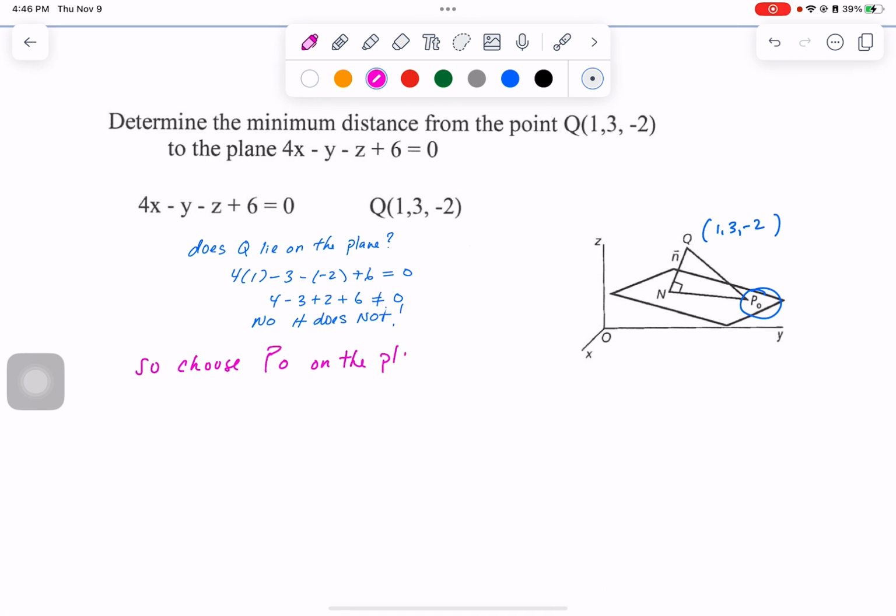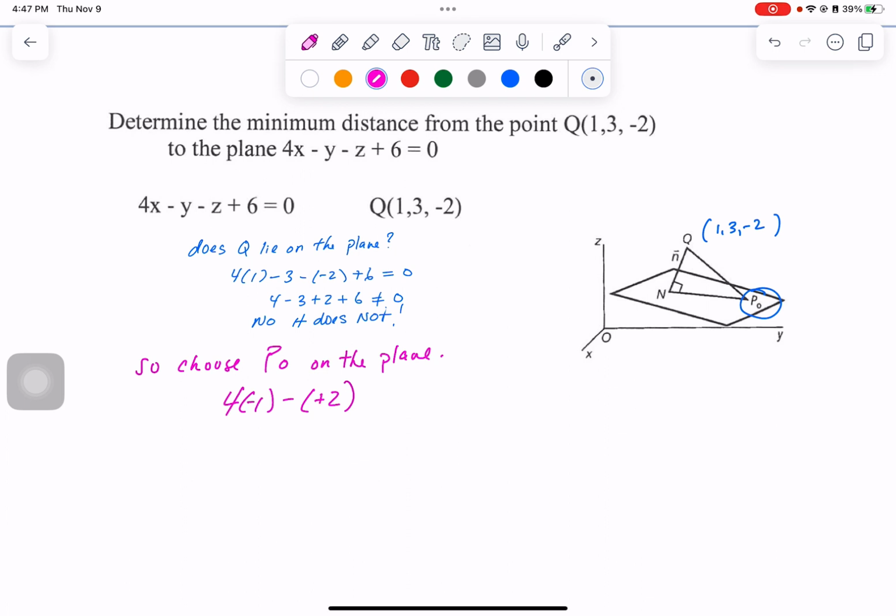So anything that'll satisfy this equation will work. So how do you feel about 4 times 1, that's cool. And how do you feel about 4 times 1 minus 2? That'll give me 4 plus 6. I don't want plus 6, I want minus 6. So let's make that negative 1.